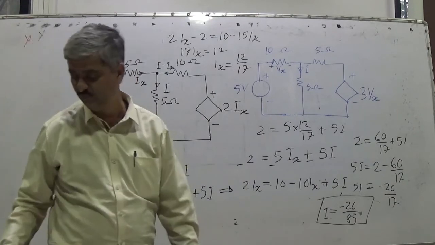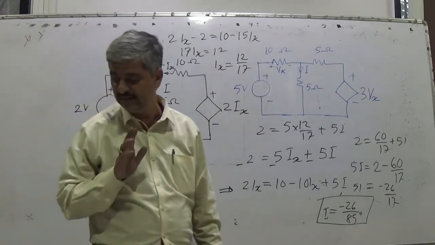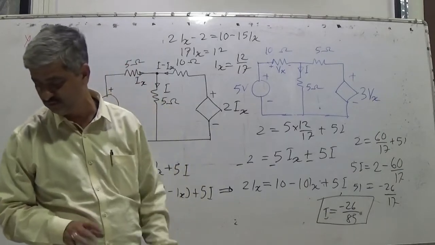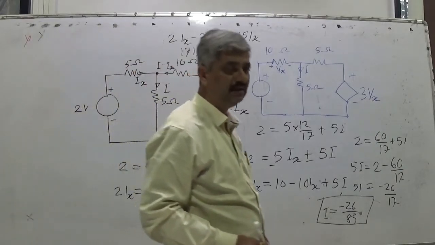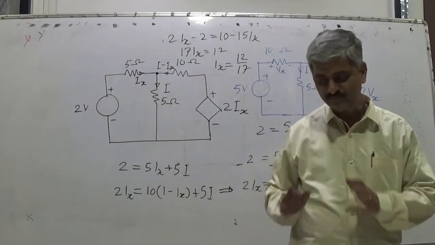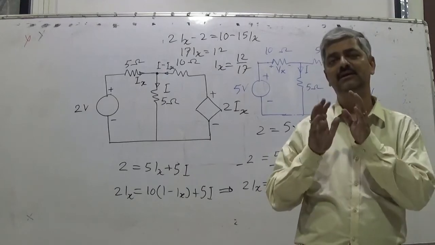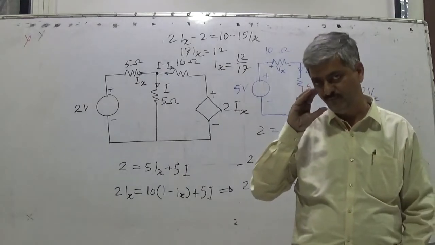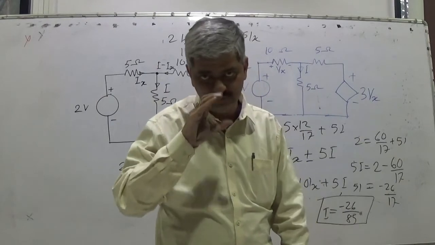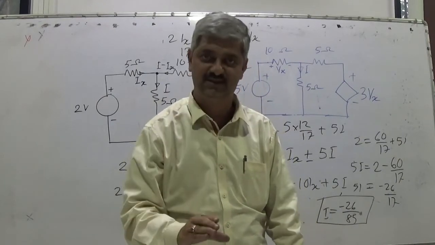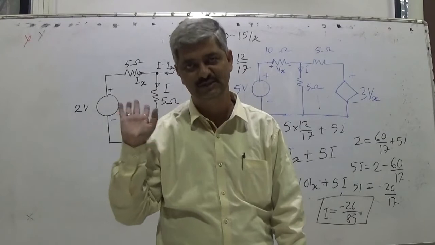So this is what we talk about, a dependent voltage source. This is a dependent voltage source wherein the value of the voltage source is not fixed, as it was for independent voltage sources.